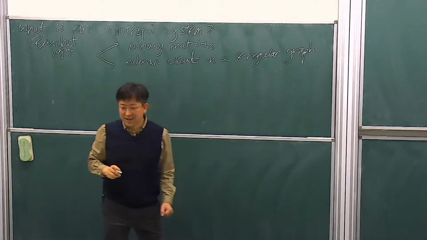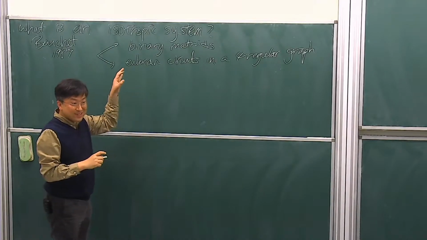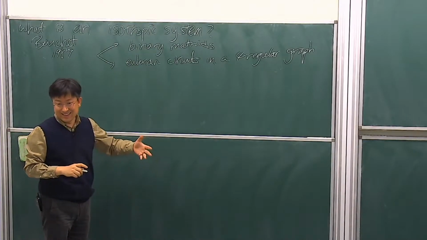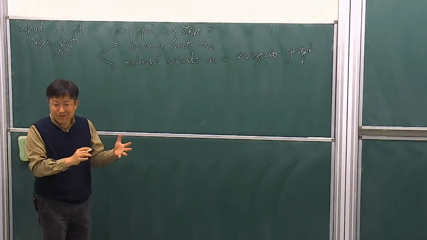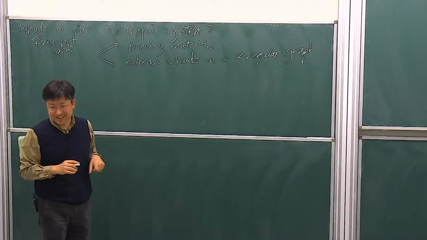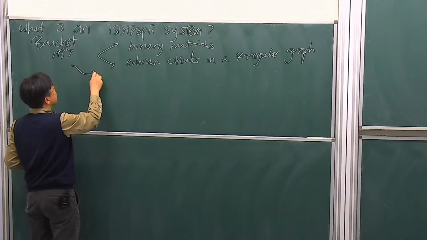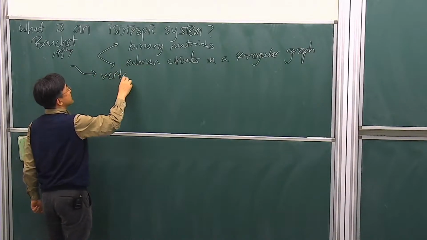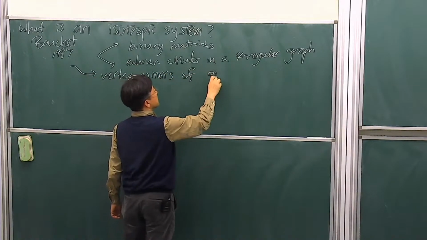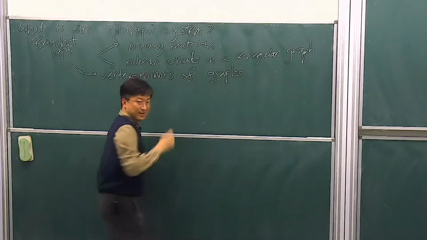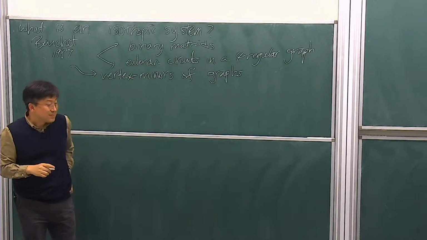But I'm gonna show the connection way later. So I will just show you the abstract definitions and then why it could be interesting. And my motivation is actually vertex-minors of graphs.